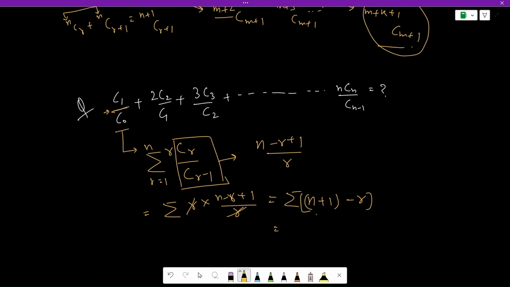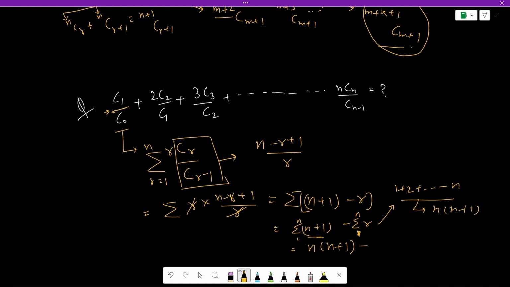Now we can split the summation and it will be equal to summation of (n plus 1) minus summation of r, where r goes from 1 to n. Now adding (n plus 1) n times will give us n into (n plus 1), and minus this is 1 plus 2 and so on till n, which is the sum of the first n natural numbers, which is n into (n plus 1) by 2.